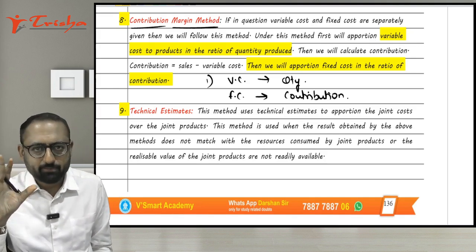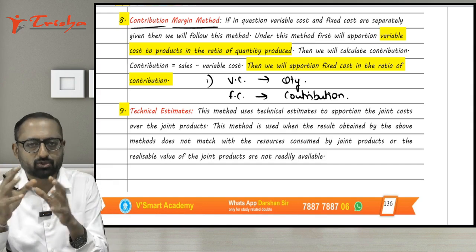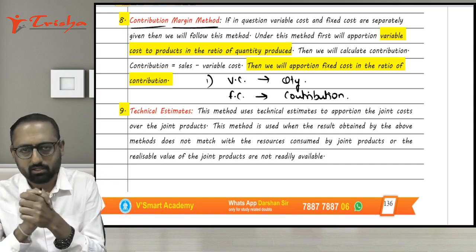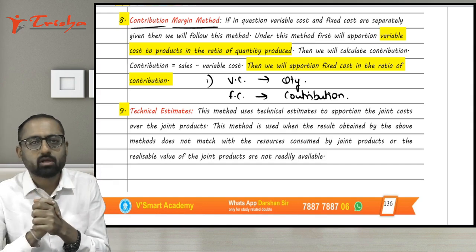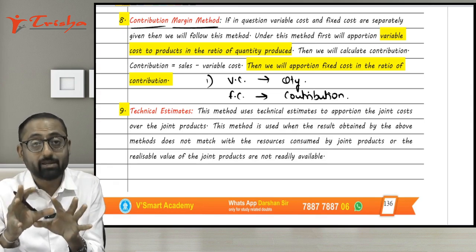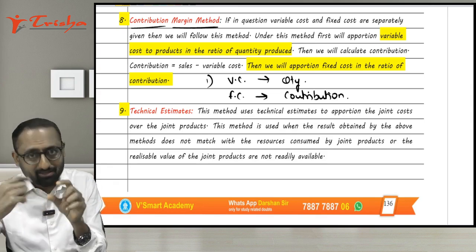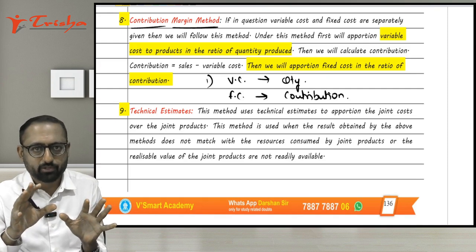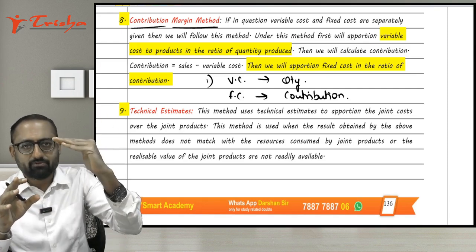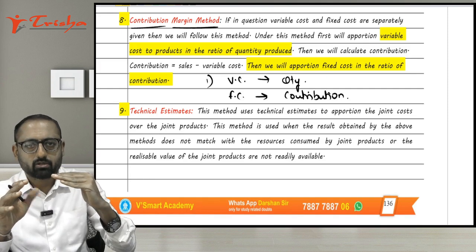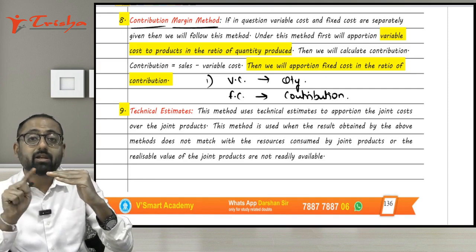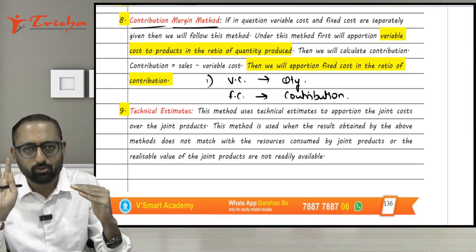So the method is very simple. Variable cost and fixed cost will be given separately for that joint cost. First of all, allocate the variable cost in the ratio of physical output. Then sales minus variable cost will be your contribution. Then fixed cost will be allocated in the ratio of your contribution.